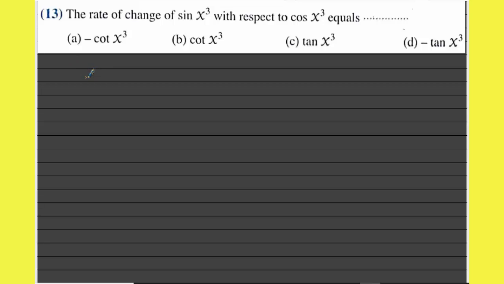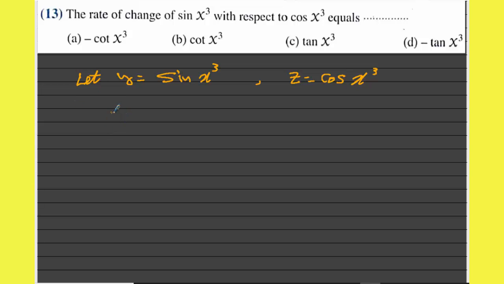Question number 13. The rate of change of sine x power 3 with respect to cosine x power 3. So let y equals sine x power 3 and z equals cosine x power 3.